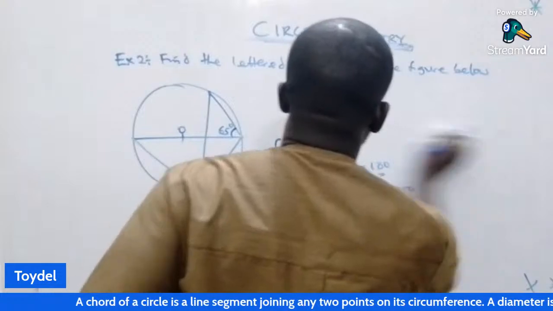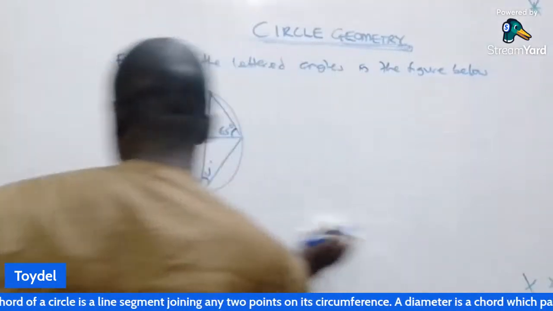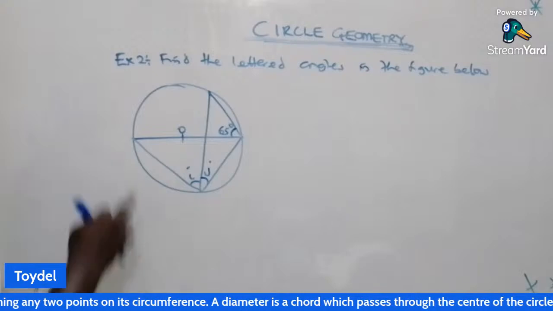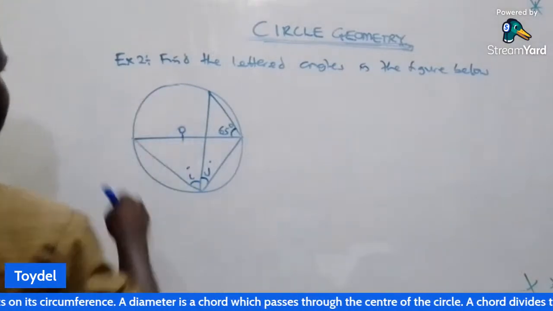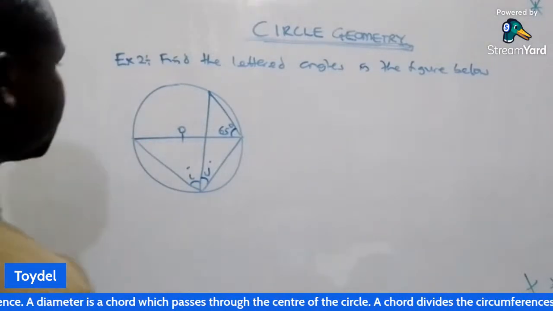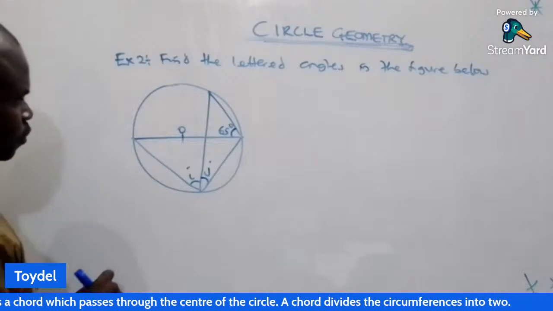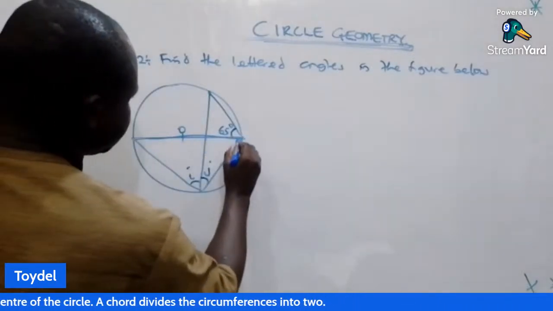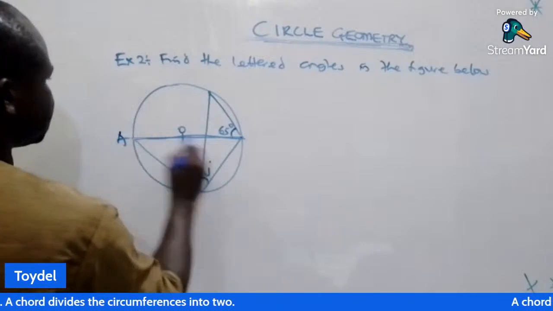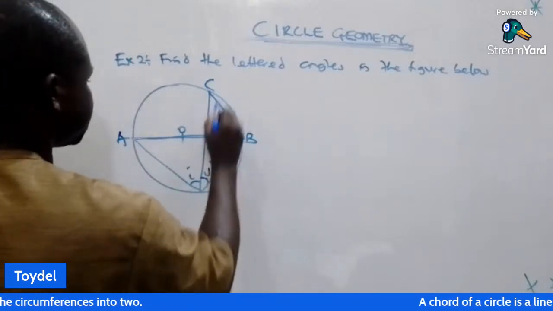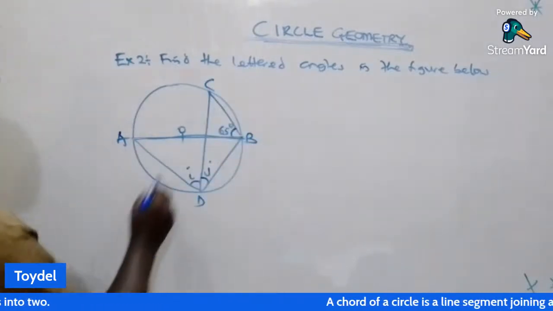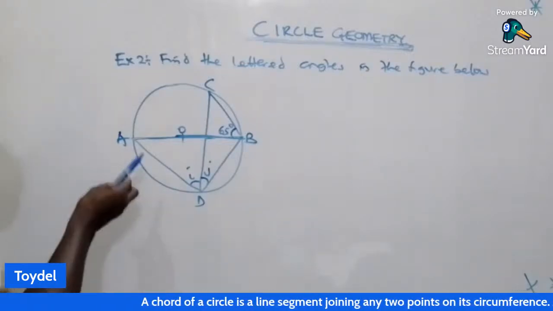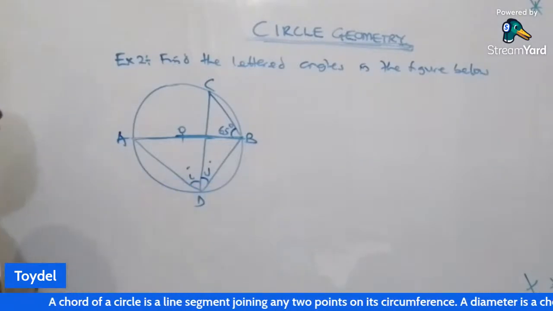So how do we do that? I want to say that all the theorems can be used interchangeably depending on your knowledge. In a particular question, we can apply about 3 or 4 theorems. So for us to be able to find this, this is the diameter here. Let's say AB. Let me do some naming here: A, B, C, then let's say D. So AB is the diameter. If AB is the diameter, then what can you say about angle I and J?